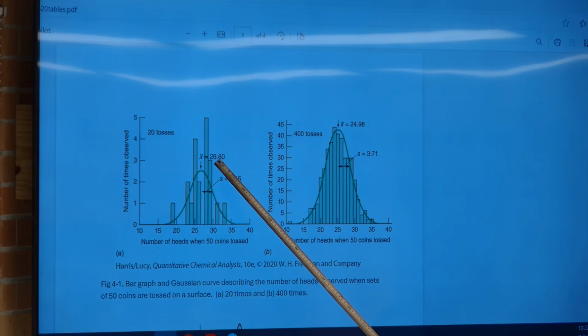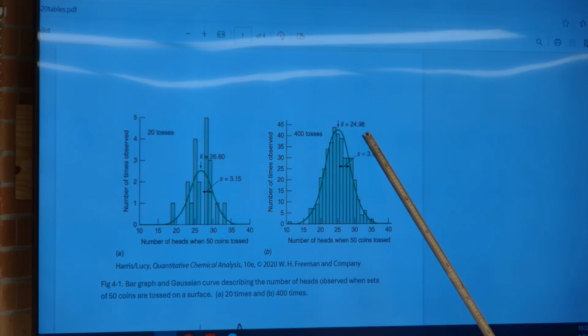This is a little far from 25. This is much closer to 25. If we run 1,000 times or 2,000 times, maybe we can reach 24.99 or 24.999. So the more you repeat, the closer your average is to the theoretical value, or here, the true value.